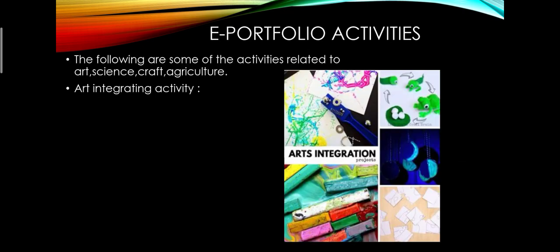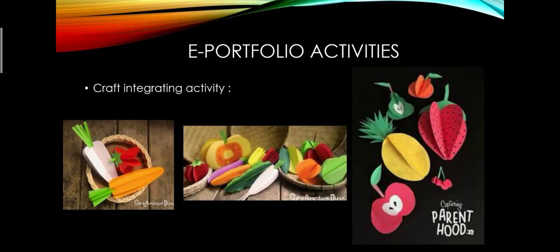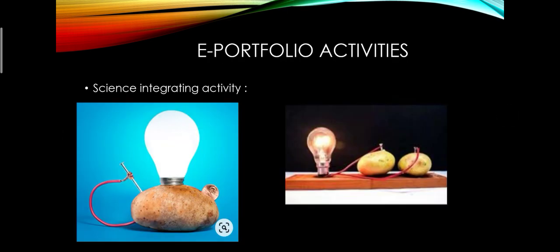Next, we will go for e-portfolio activities. The following are some of the activities related to art, science, craft, and agriculture. This is an art integrating activity. Then craft integrating activity. These are 3D fruits made with dye papers, that is colored A4 size paper. These are the crafts of vegetables and fruits.